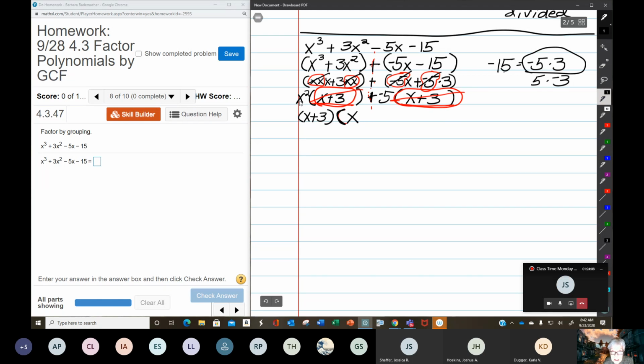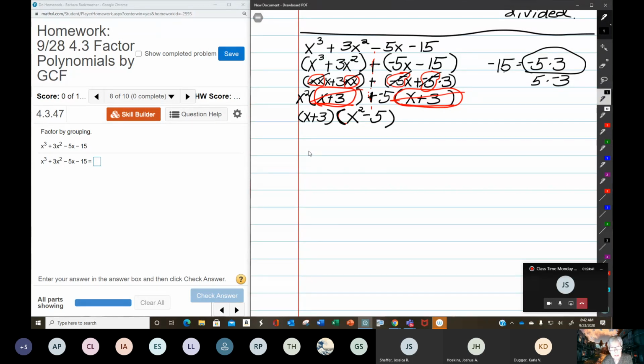X squared is my GCF from the first term. And plus a minus 5 is my other GCF. Well, positive times negative is negative, so this will be minus 5. Oop, except that's an x squared. And I keep trying to lose that squared. And so I am done.